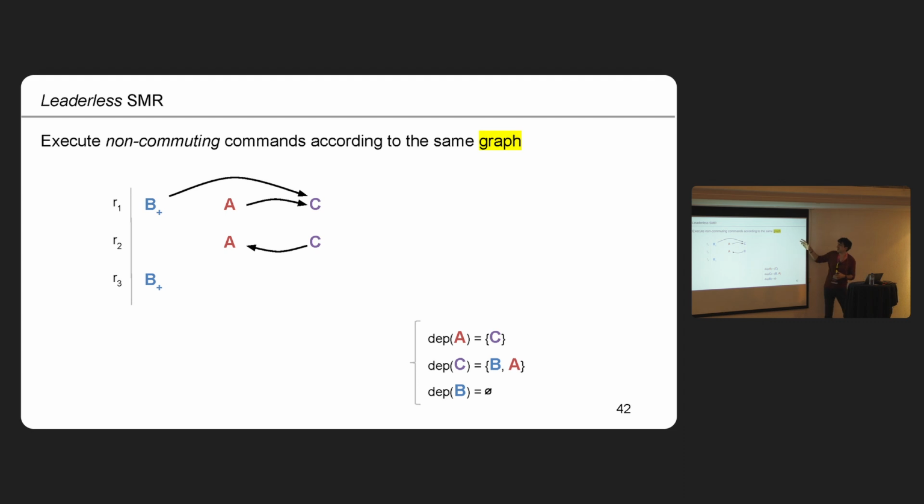And these edges are storing what is called the dependency relation. That is the ordering in which we must execute the commands.